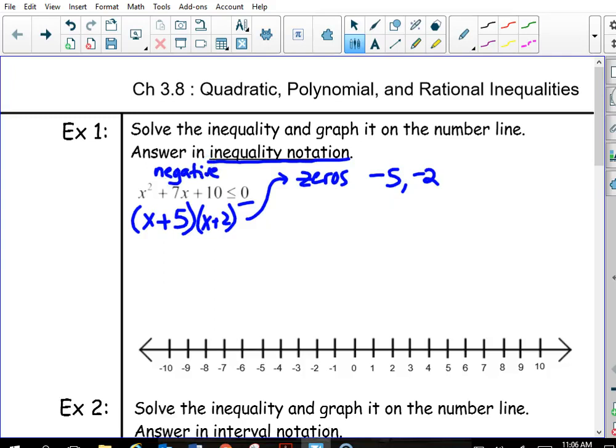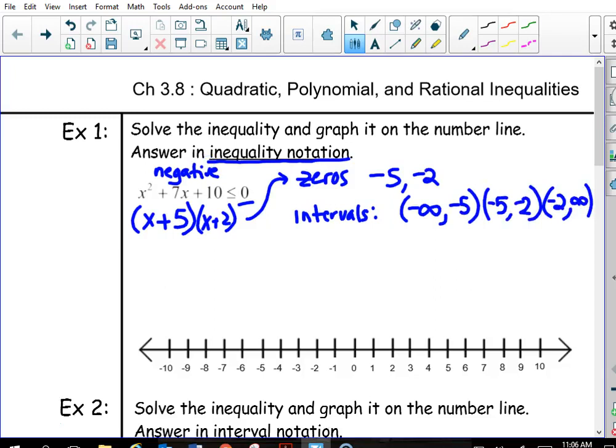So we found the critical points, and in order to answer that question, what we have to do is set up a table where we test each interval. My intervals come from the zeros. It's going to be -infinity to -5, -5 to -2, and -2 to positive infinity. And at each of these intervals, we're going to pick a test point and calculate the sign of the function.